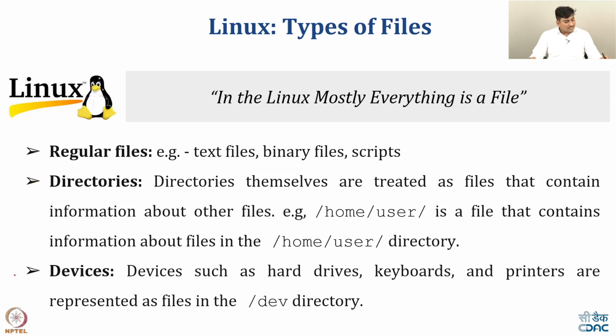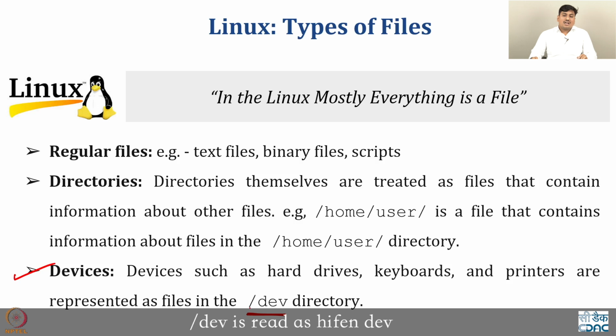Another type is the device. In the Linux operating system, interconnected peripheral devices like keyboards or mice are also treated as files, and all the corresponding files are stored in the /dev directory.